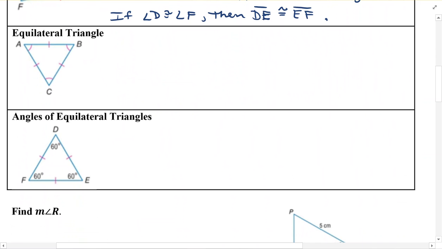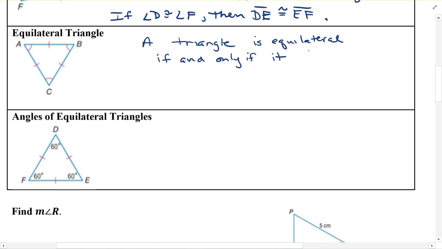An equilateral triangle is a triangle that has all three sides congruent. And the theorem that we have states that a triangle is equilateral if and only if it is equiangular.